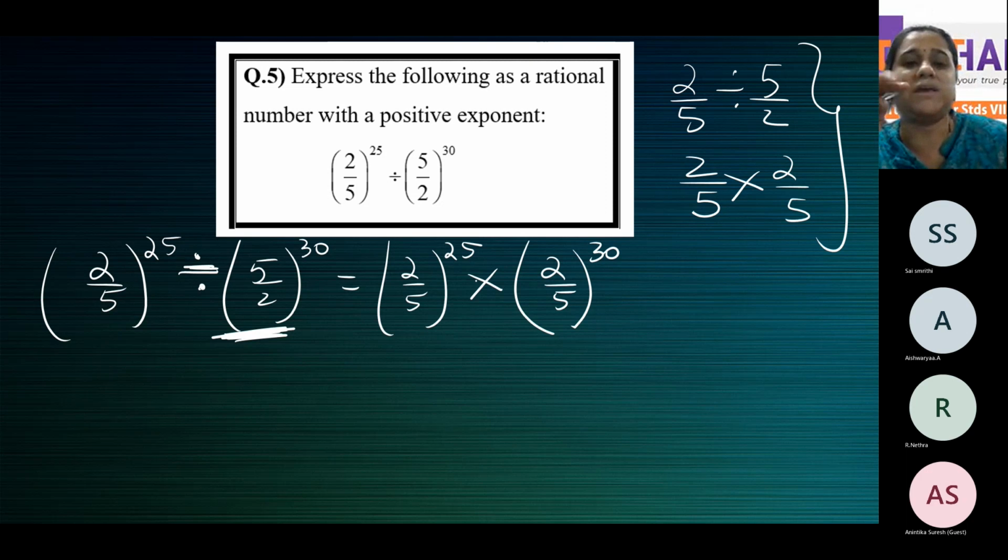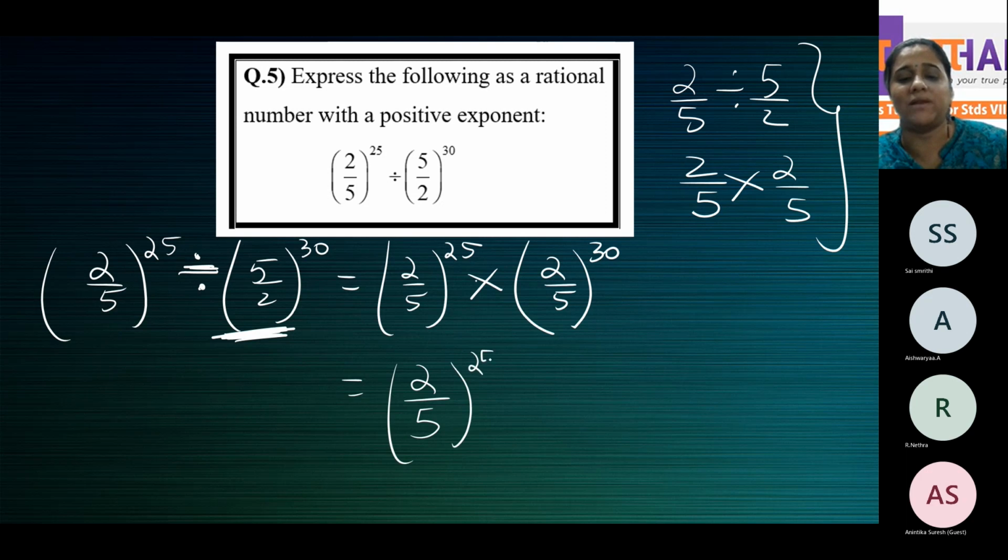So here we change the base 5 by 2 to 2 by 5 and write the power as it is, 30. Now you can see this way we have brought the base to 2 by 5. Now use the rule: bases are same, it's multiplication, add the powers. So 2 by 5, add the powers, 25 plus 30, which is 2 by 5 to the power 55.